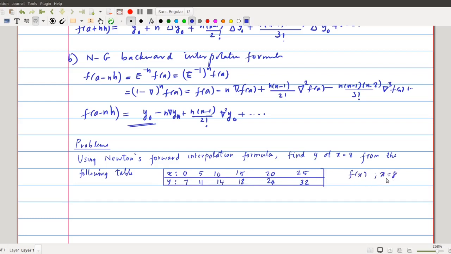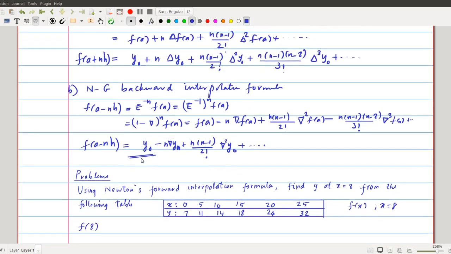So now we can say that x equal to 8 comes in the beginning intervals 0 to 5, 5 to 10, 10 to 15. Using these subintervals we can say that this 8 comes from the second interval, okay. So in order to evaluate f of 8, we compare it to f of a plus nh or f of a minus nh.